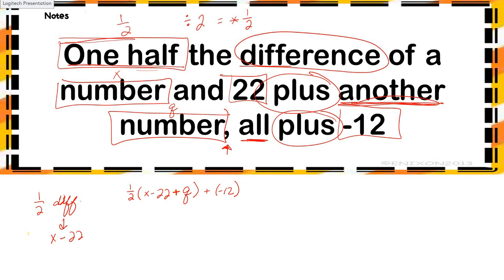So keep in mind, if I want all of this plus negative 12, all of this is going to happen before I add the negative 12, according to the order of operations. So I don't have to put the rest of this inside of parentheses. So 1/2 times the difference plus another number, all plus negative 12.